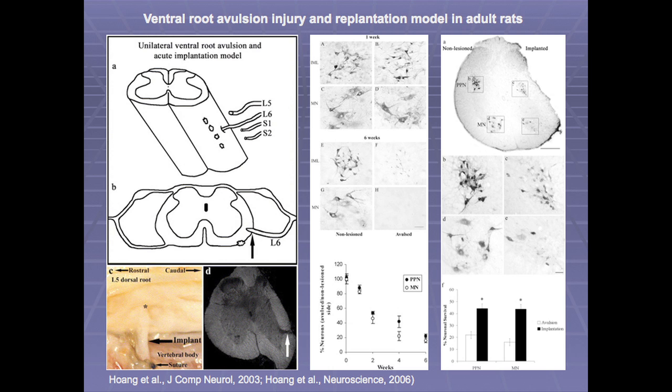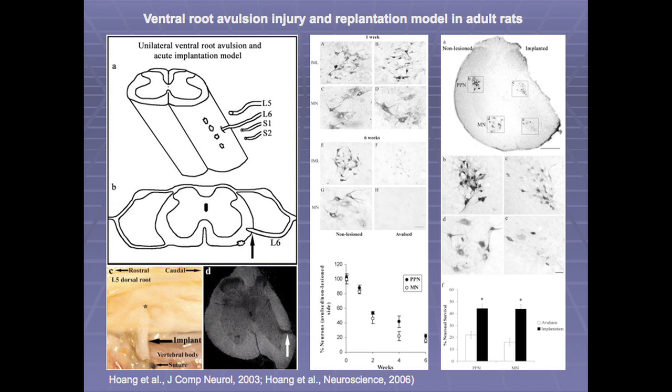And he had seen some early motor reinnervation of at least some proximal peripheral targets. So we were also intrigued by this to see could we do something similar but looking more at autonomic function. So that was our background to this.